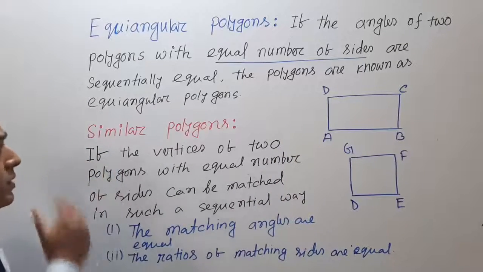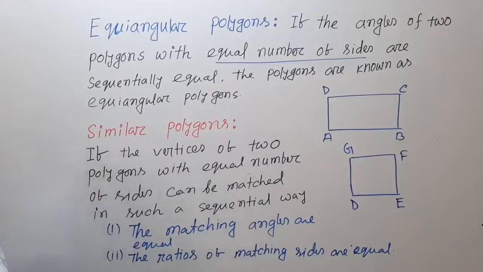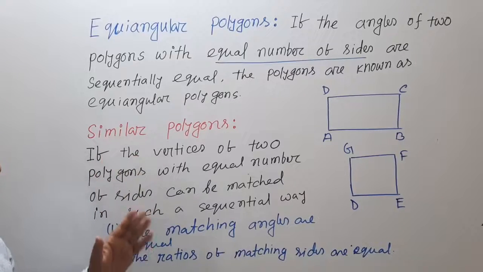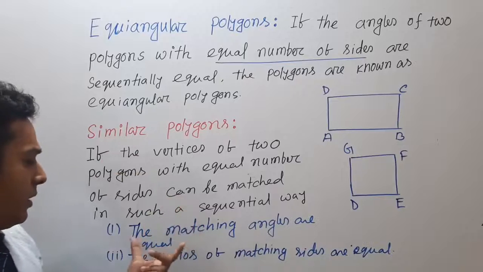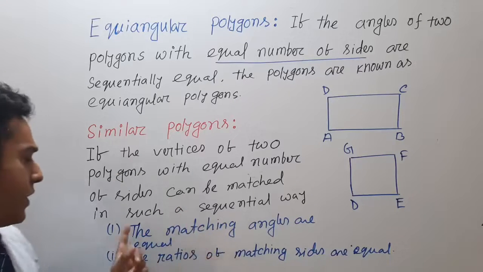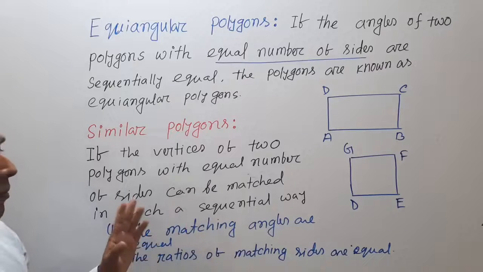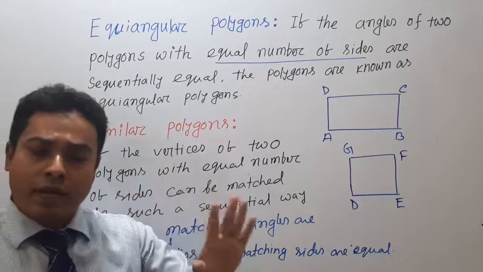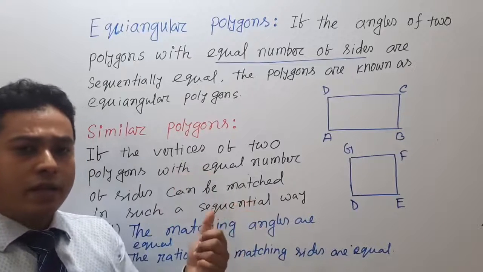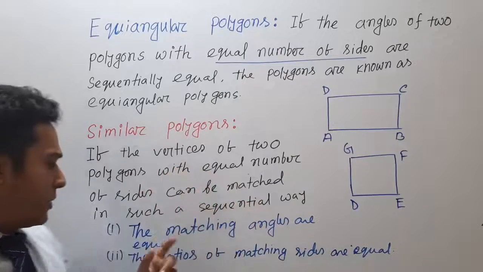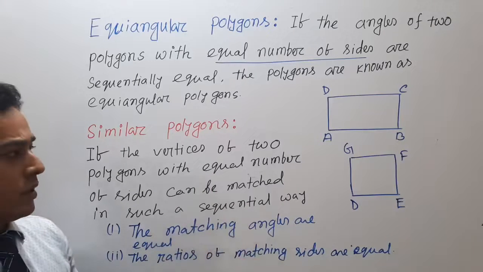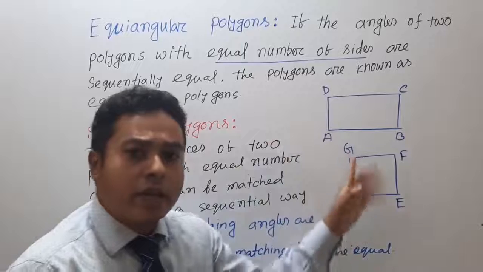But what is a similar polygon? For similar polygons, you have to consider two conditions. First, the polygons need an equal number of sides, and the matching angles must be equal.